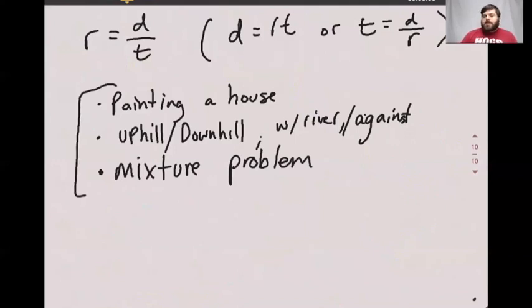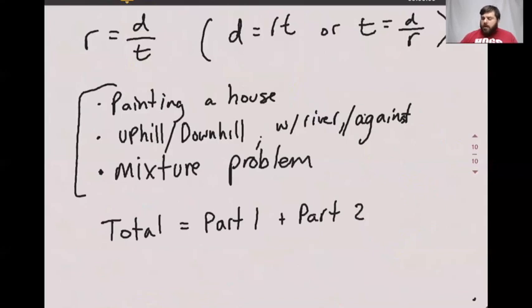And here's the basic fundamental idea with all three of these problems. Okay, you do something in total, and what it is it's the sum of the parts. So if you do the part one plus the part two, maybe there's a part three, but either way, the total is the part one plus the part two. So for example, when you're doing a mixture problem, right, you mix up one part and another part. When you add them together, you get the end result. Okay, and we'll see some examples like this.